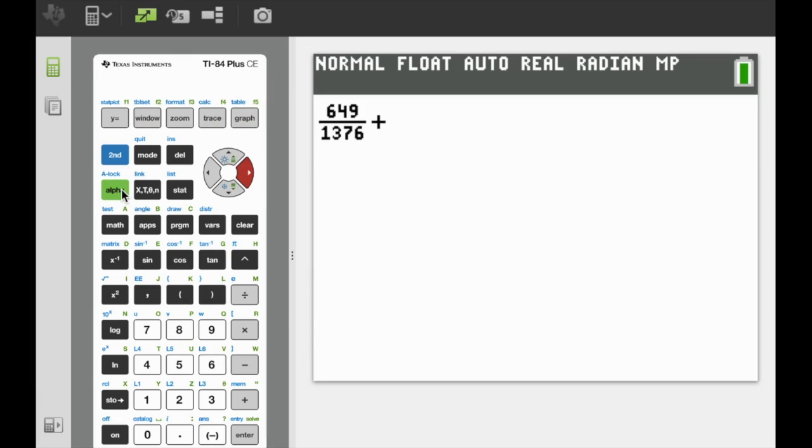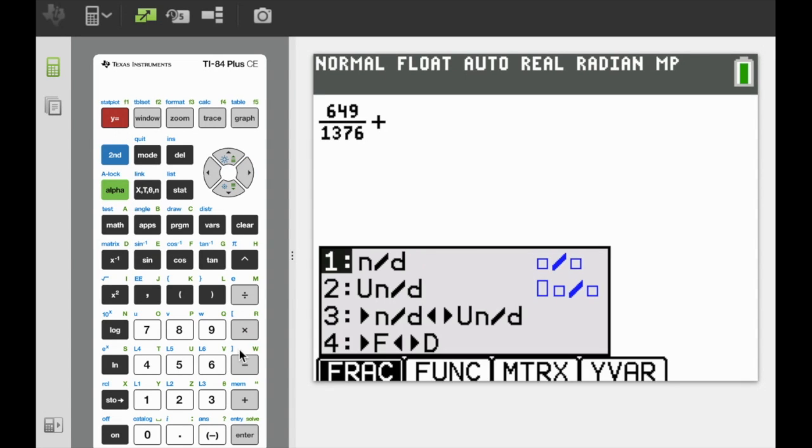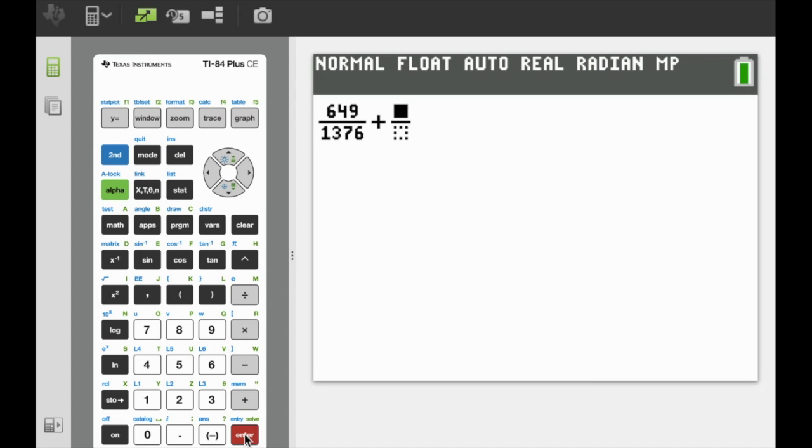All right, so we're going to use the fancy fraction and add those first two fractions together. So 649 over 1376 plus 433 over 1376. Answer. And then we're going to take that and subtract it from the other side.